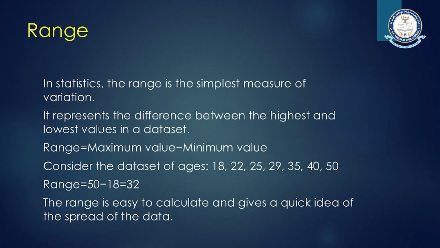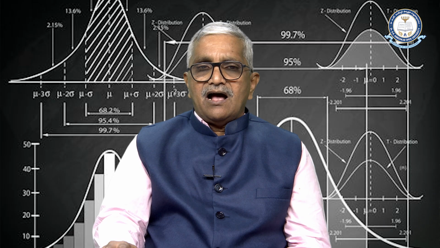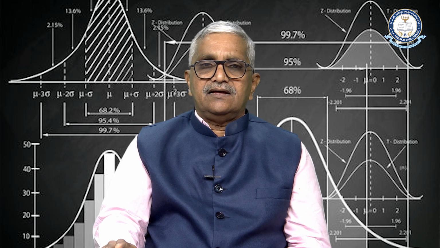In a data set, if the data points are 18, 22, 25, 29, 35, 40 and 50, the highest value is 50 and the lowest value is 18 and the range is 32. It is very easy to calculate range and it gives a quick idea of the spread of the data set.